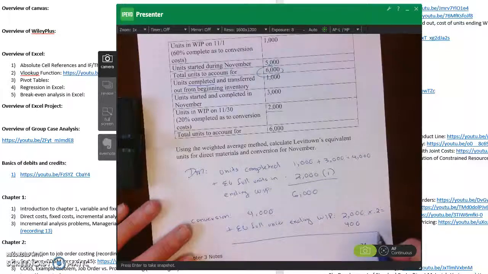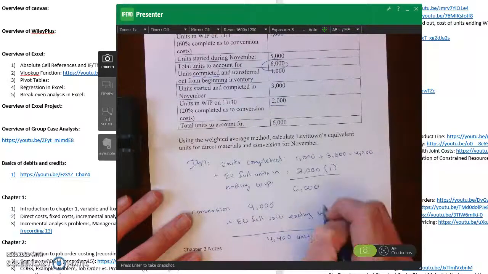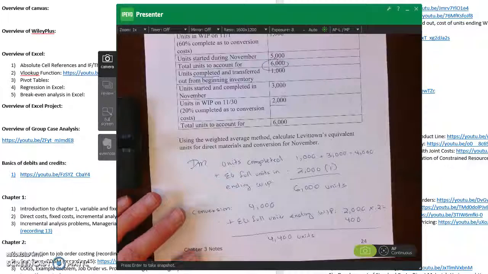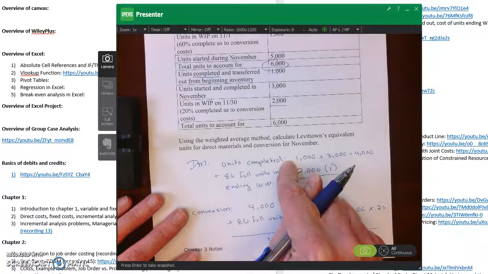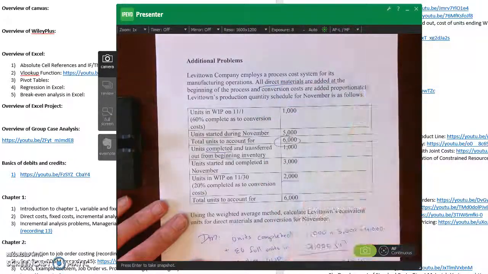So that means, with respect to conversion, it's 4,400 units. Okay? And again, they're different between materials and conversion because they're different percent completes. Materials, 100% complete. How do I know that? It says it right there.